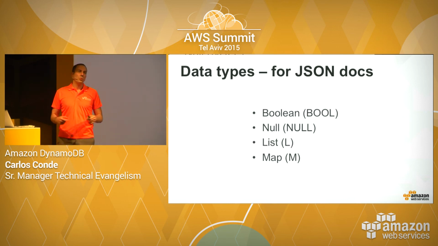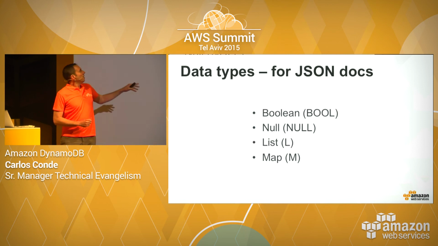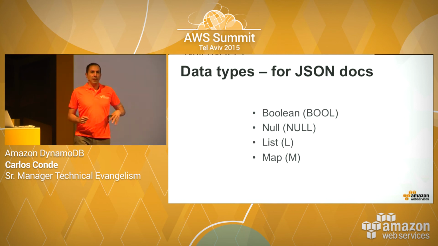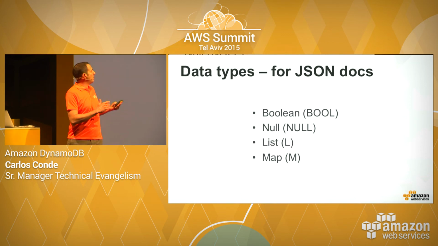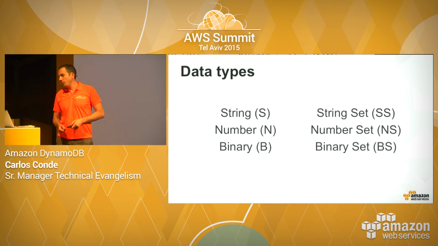Each item, in that case, would be limited to 400 kilobytes. And you have specific types on top of it. So if you know about JSON, you will notice that, in fact, DynamoDB supports a superset of JSON, because JSON by itself cannot have binary data, but I showed you in this previous slide that you can have binary sets, and you can even have those binary sets inside your JSON document.